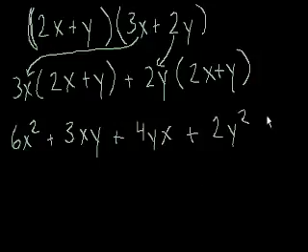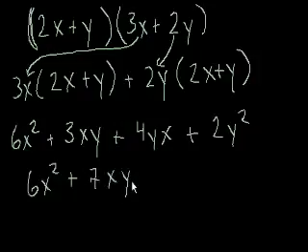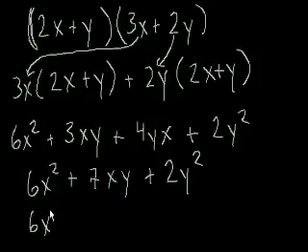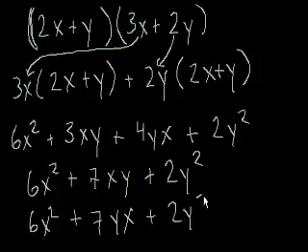Now, can we simplify anything here? Think about it a little bit. Well, it turns out that xy and yx are the same thing. They're just switching the order. So you could rewrite this as 6x squared plus 7xy plus 2y squared. And we could have just as easily written it as 6x squared plus 7yx plus 2y squared. Hope I'm not confusing you.